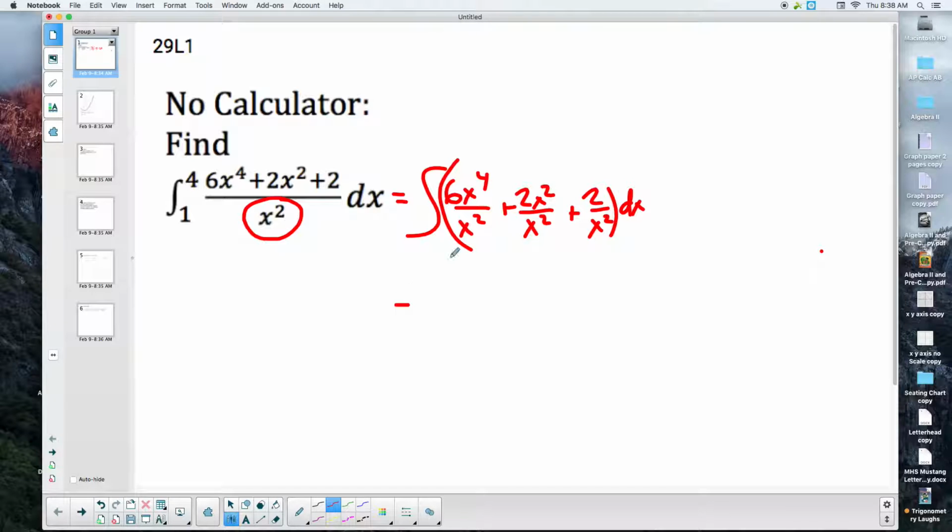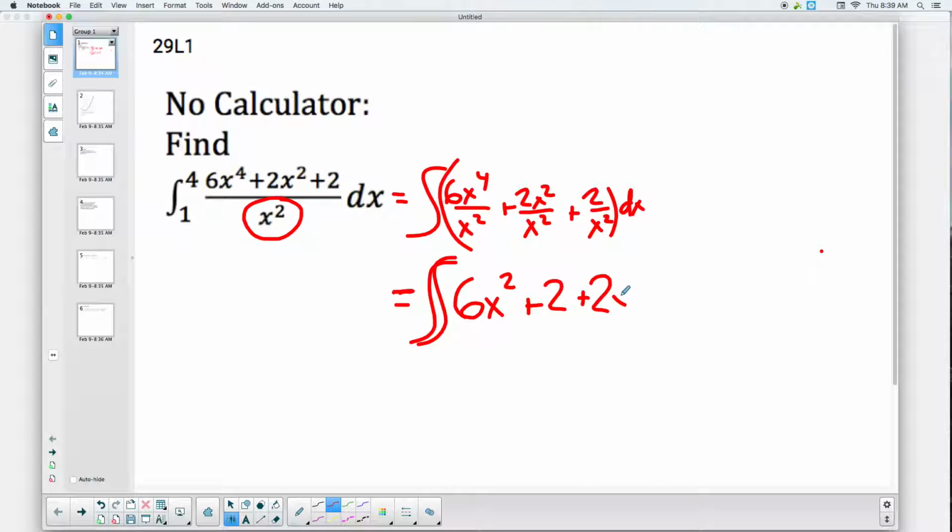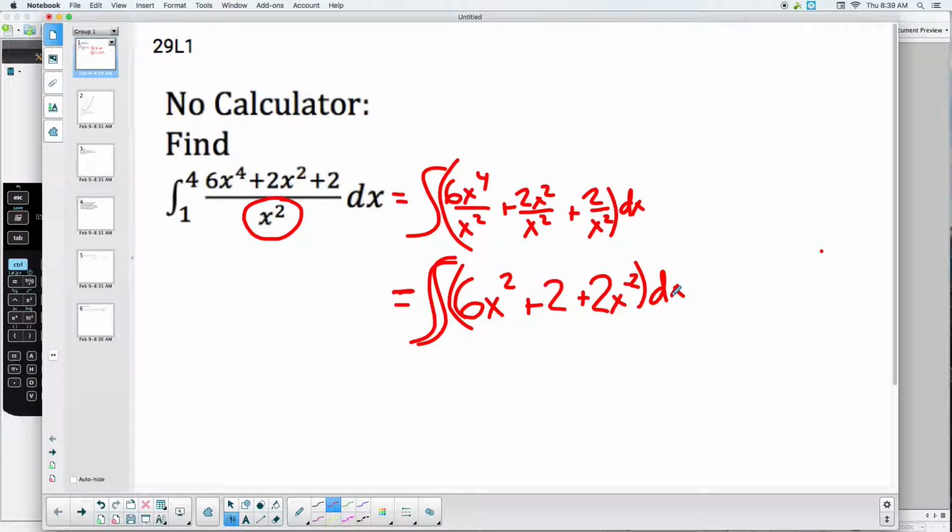We'll reduce each of these. 6x to the 4th over x squared is 6x squared plus 2 plus 2x to the negative 2, all with respect to x.